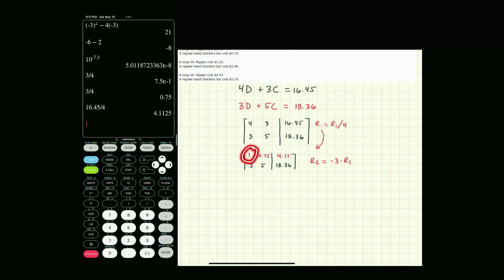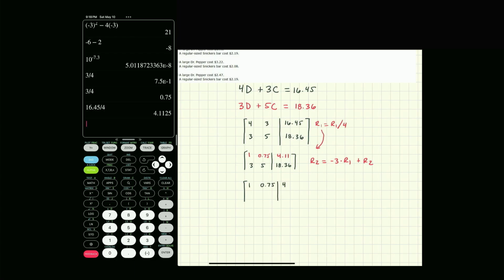And again, since we have this 1 up here, we can think, what could we multiply this by to get a -3? Well, -3 times 1 is -3, and then if we add that to this guy, we get 0. So we're going to do -3 row 1 plus row 2. Row 1 is not going to change.